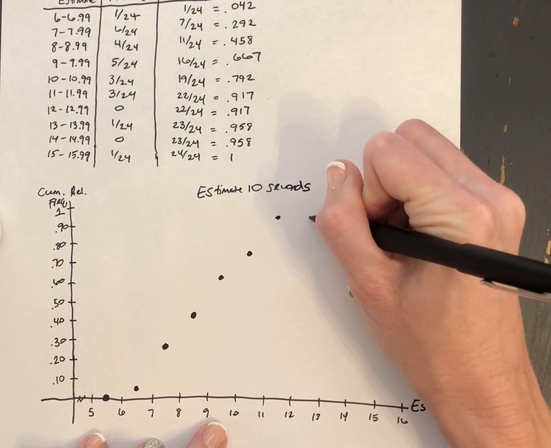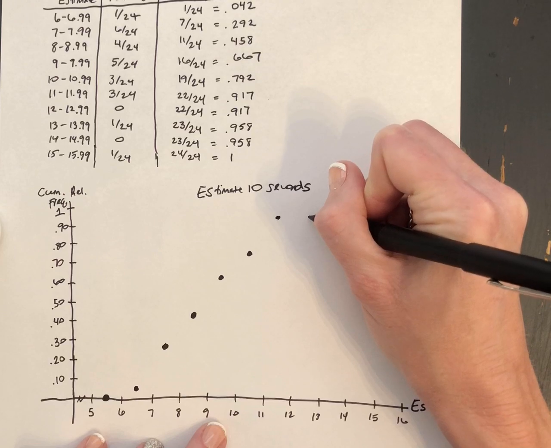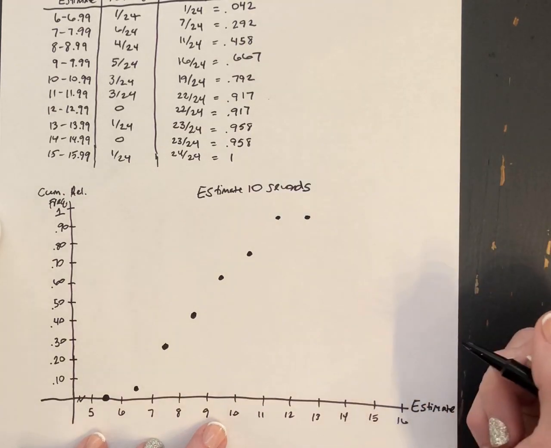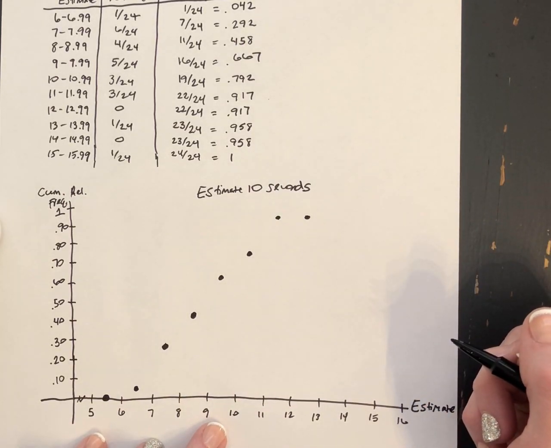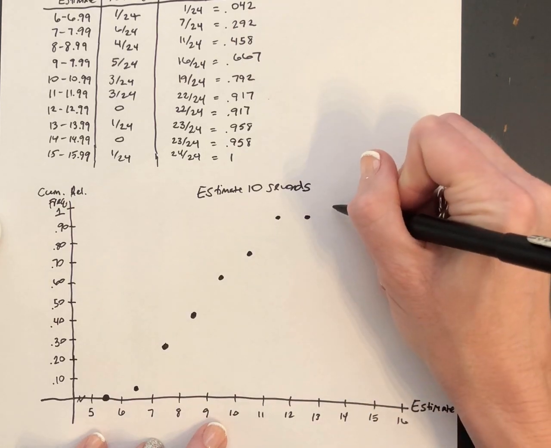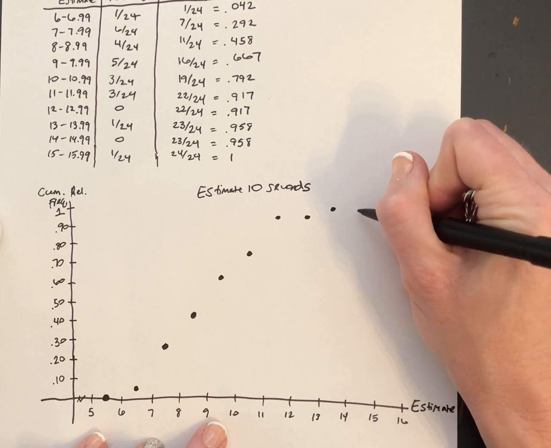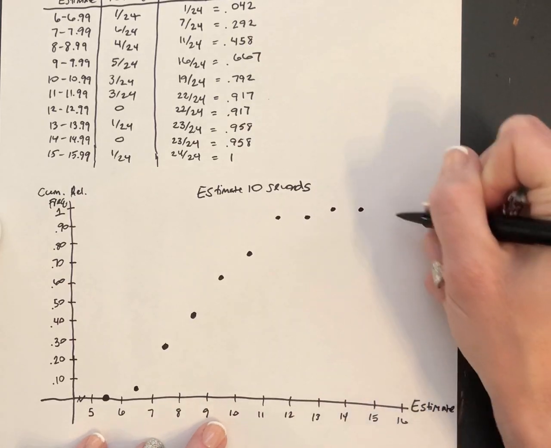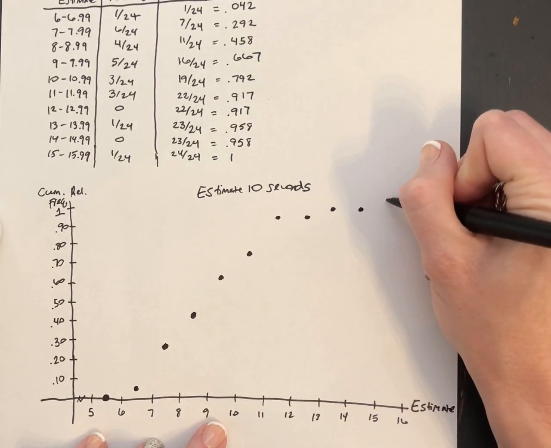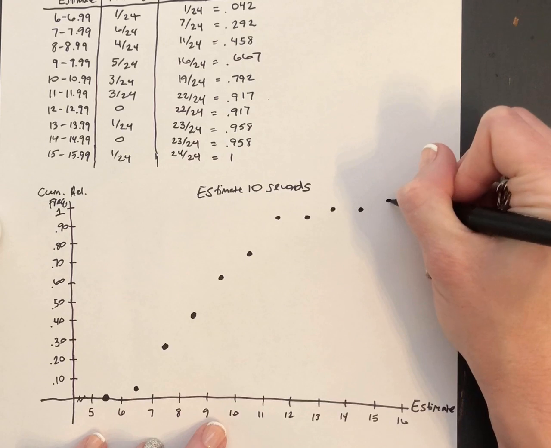And then we stayed there in the 12s. In the 13s, we jumped to 0.958. And stayed there in the 14s. And then in the 15s is where we jumped up all the way to 1.